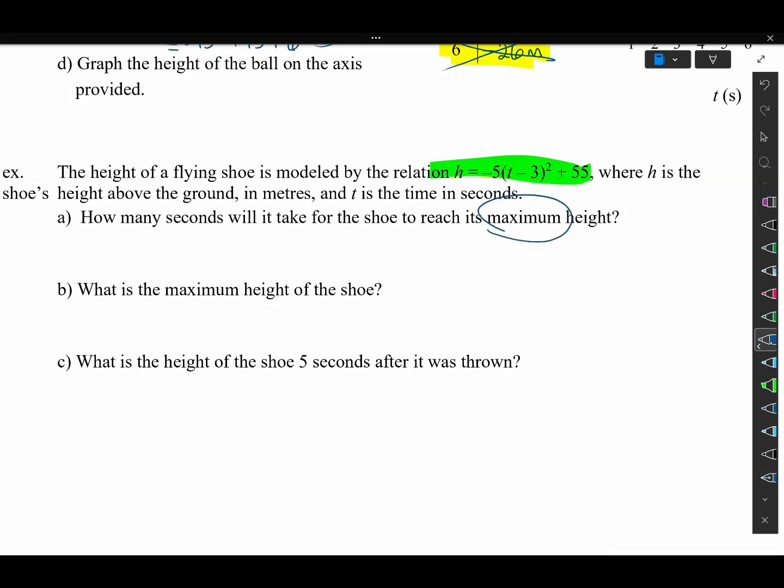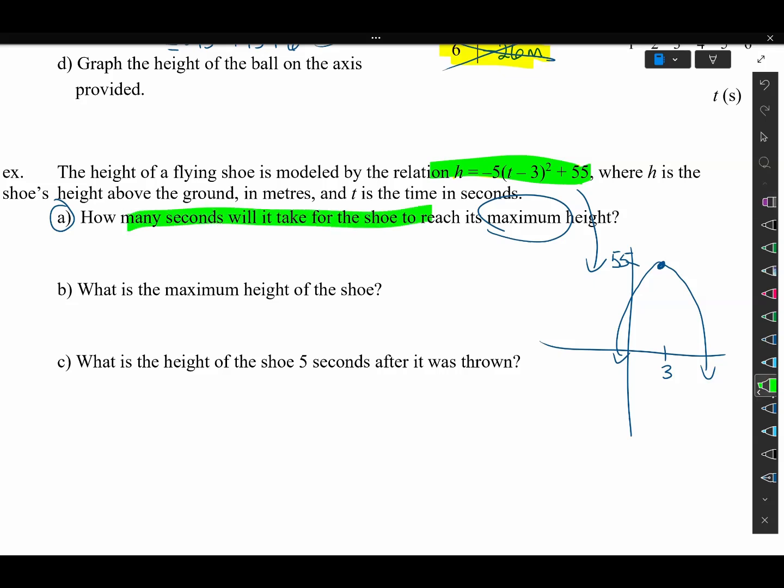So in question A, if they're asking us how many seconds will it take for the shoe to reach its maximum height, remember, this general shape we're working with, the vertex, would be at 3 seconds and a height of 55 meters. Okay, so that's way up here. There's our vertex. We're expecting a quadratic that opens down something like this. This is super rough. That's fine. How many seconds will it take to reach its maximum height?